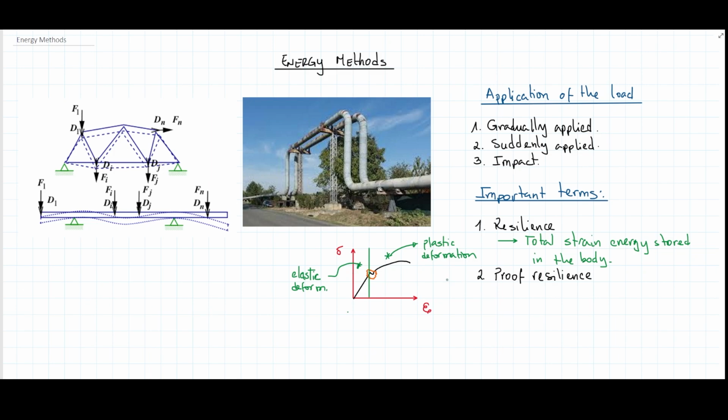So proof resilience is that maximum strain energy that you can store in the body without permanently deforming it. So it means that proof resilience is the max strain energy that you can find in the body.